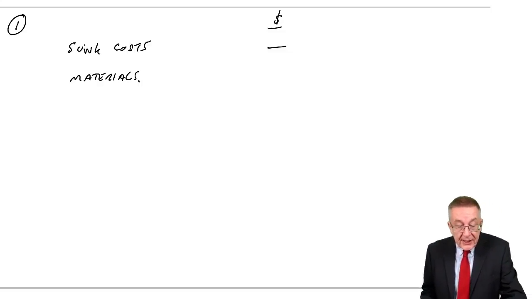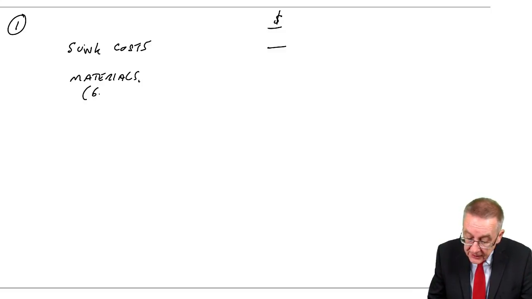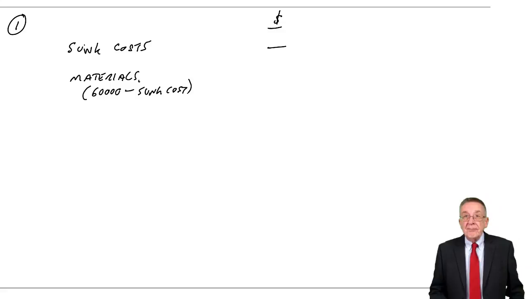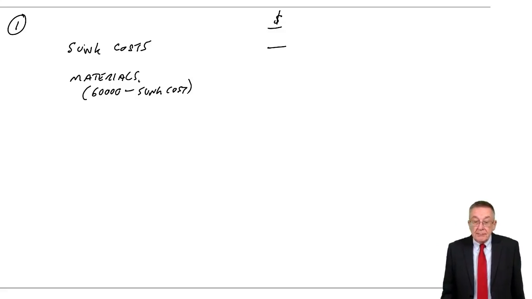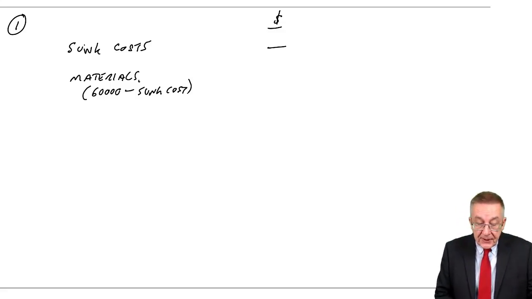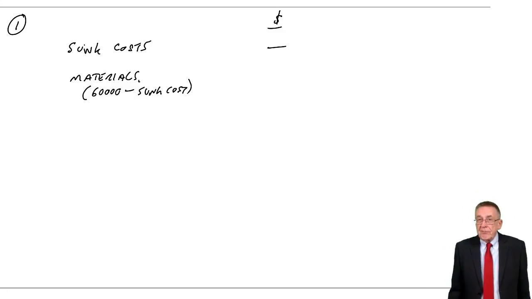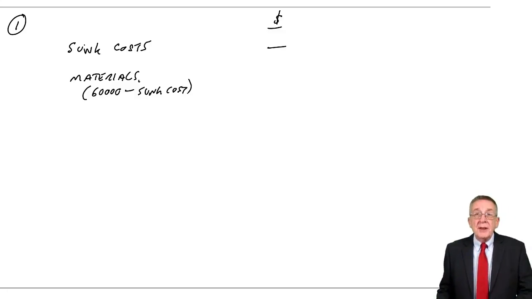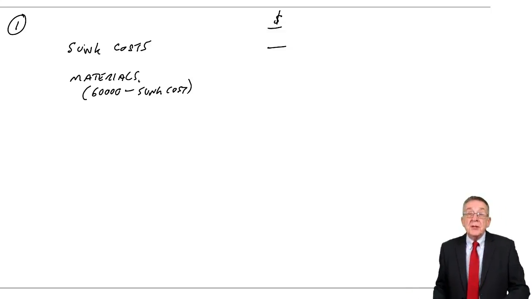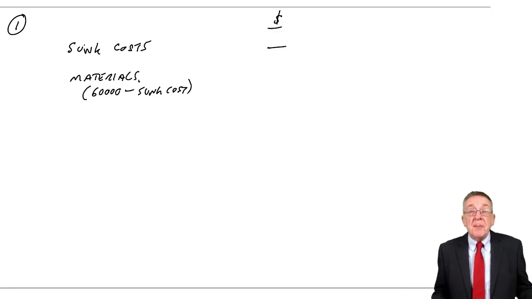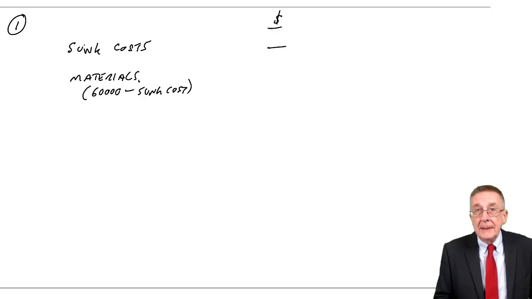Again, the 60,000 is a sunk cost and not relevant. What is relevant is what happens if we stop the project. You see, if we carry on with the project, we'll simply use those materials. There's nothing else to spend, it's already been spent.